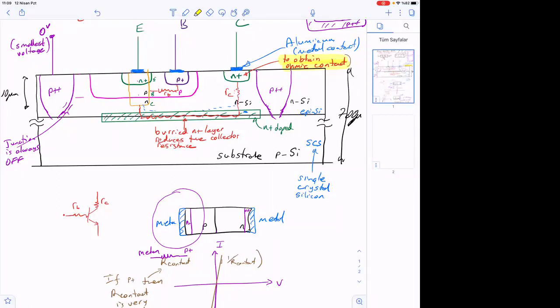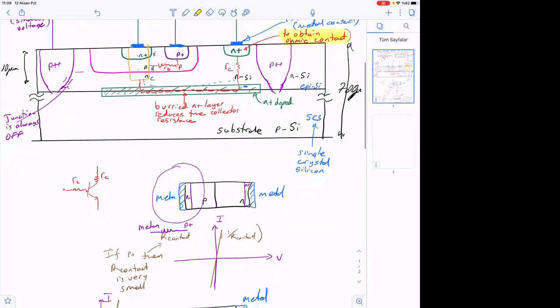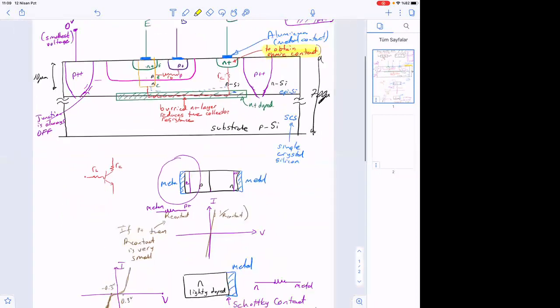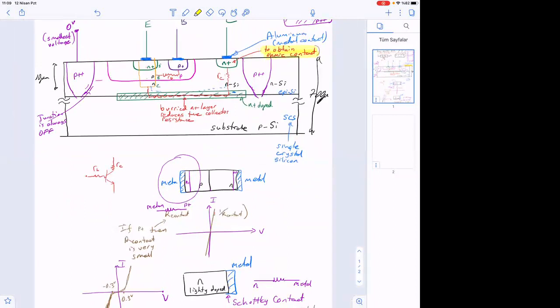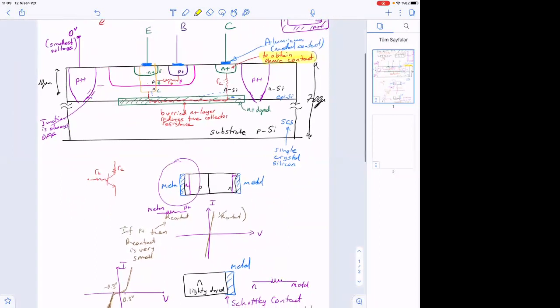Is that clear? Yes. Okay. I hope it's not too much confusing. I'm sure it is a little bit confusing, but I hope it's not too much.